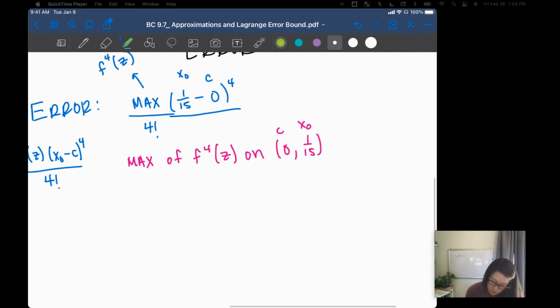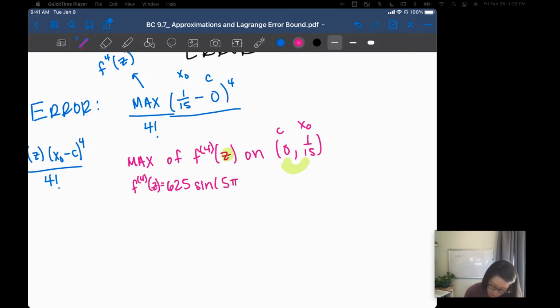So even if 625 doesn't happen when z is between 0 and 1 over 15, we know that the maximum value of 625 sine of 5x plus pi over 3 is the amplitude of 625, okay, because of the amplitude.